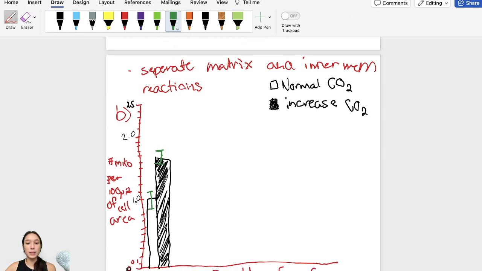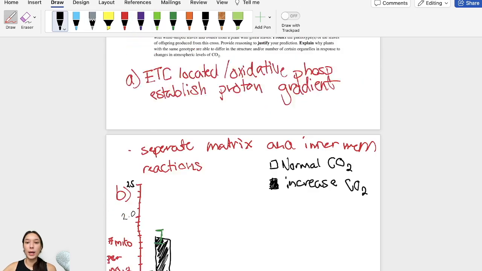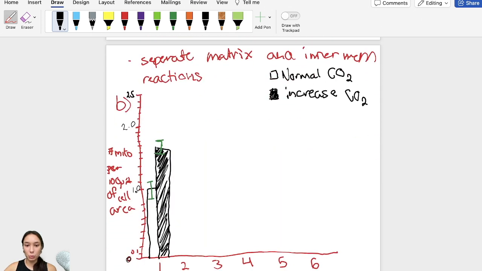So that's species number 1. Species number 2, we have 0.4 plus minus 0.05. So this one will go up to 0.4: 0.1, 0.2, 0.3, 0.4. And then plus minus 0.05. So that should be a really small error bar.